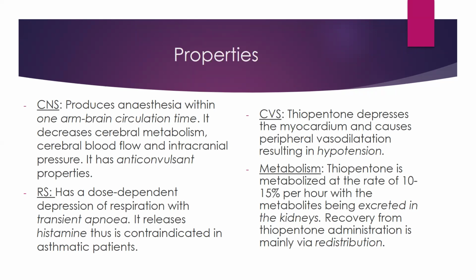On the cardiovascular system, thiopentone depresses the myocardium and causes peripheral vasodilatation, resulting in dose-dependent hypotension. Thiopentone is metabolized at the rate of 10 to 15% per hour, and the metabolites are excreted in the kidney. Remember that recovery from thiopentone administration is merely via redistribution to the peripheral tissues.